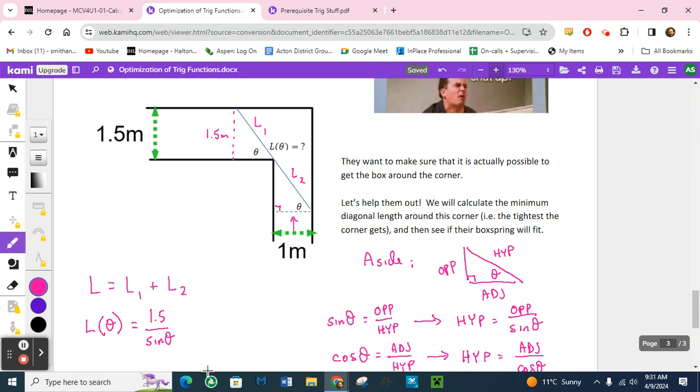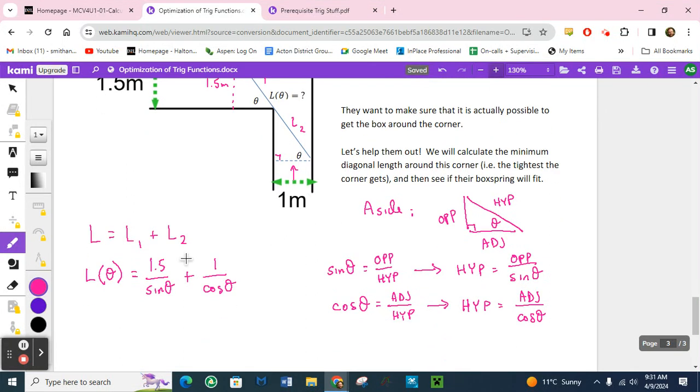And I can get an expression for L2 by doing the adjacent side, which is 1, divided by the cosine of theta. Little bit of grade 10 SOHCAHTOA. And now we have an expression that we can find the derivative of, set to 0, and solve.